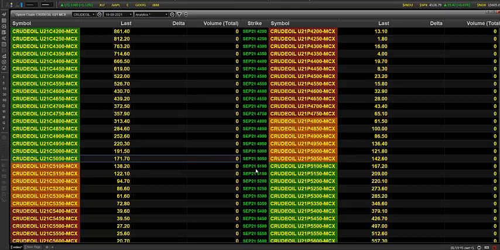Normally in crude oil we could see volume only when the strike price is a round number like 5100, 5000, 4900. We don't get any volume near these 50s, 5050, 4950. We don't see any volume.